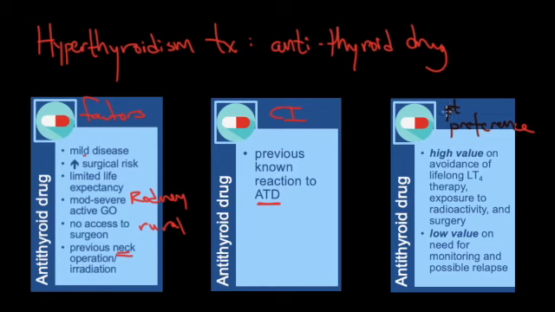Then when we talk about why a patient would want to go with this therapy, there's pretty big value in the fact that they don't want to take levothyroxine for the rest of their life, they don't want radiotoxicity, and they don't want to have surgery.